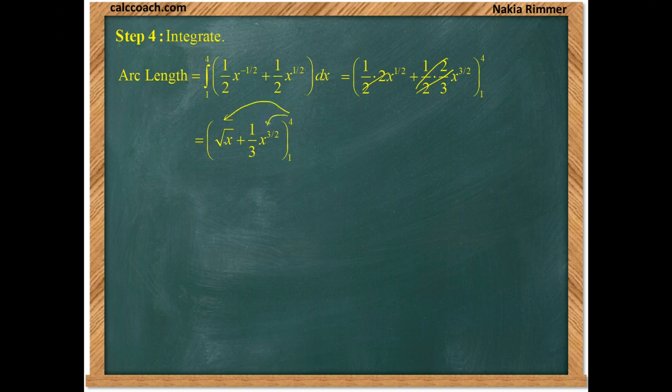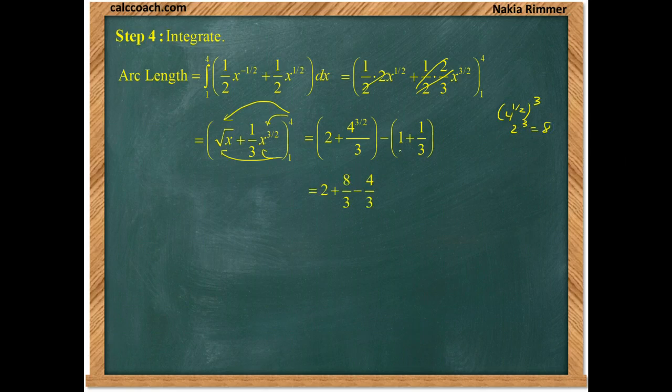Plug a 4 in, and you get the root of 4, which is 2, and 1/3 times 4 to the 3/2, which is 8. Put a 1 in, the root of 1, and then 1/3, because 1 to the 3/2 is 1. Almost done. 4 to the 3/2 is 4 to the 1/2, then cubed, or 2 cubed. It's 8. 2 plus 8/3 minus these two together, which give you 4/3.